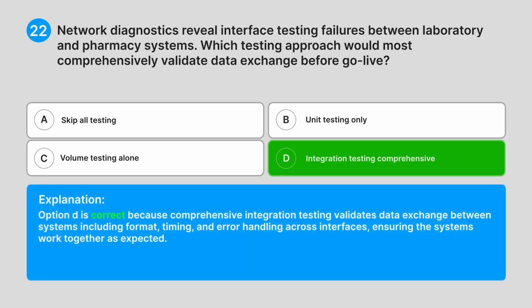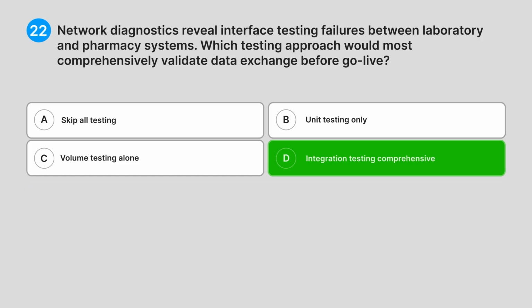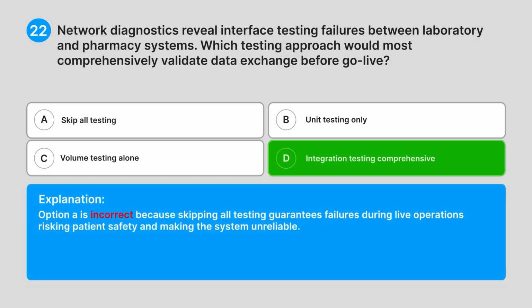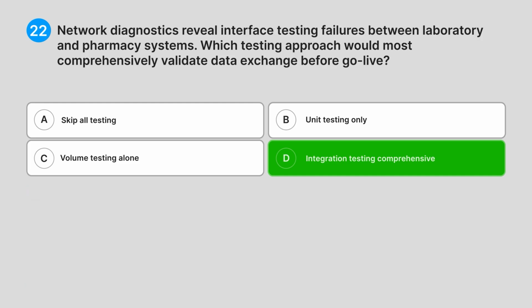Explanation. Option D is correct because comprehensive integration testing validates data exchange between systems, including format, timing, and error handling across interfaces, ensuring the systems work together as expected. Option A is incorrect because skipping all testing guarantees failures during live operations, risking patient safety and making the system unreliable.